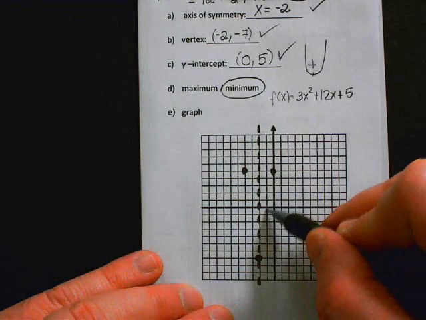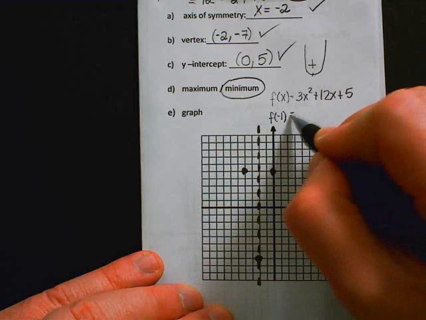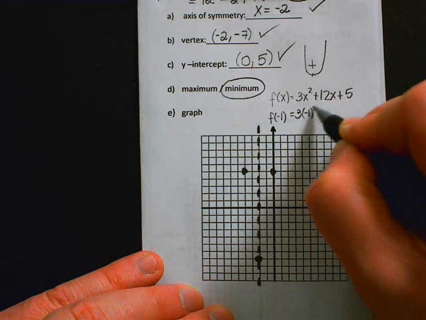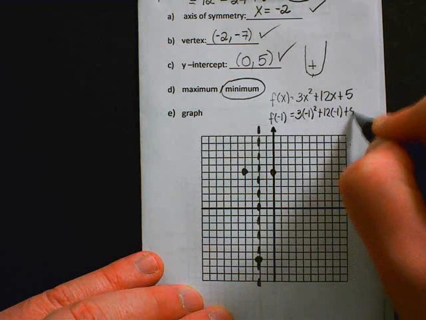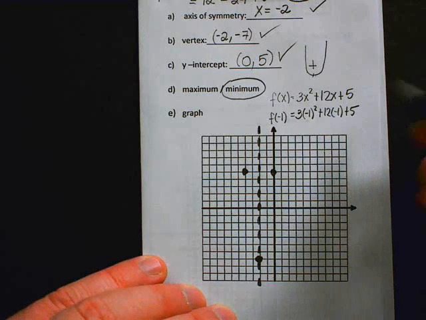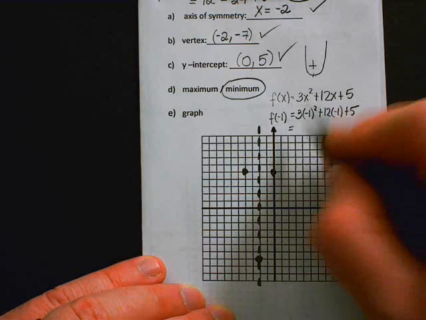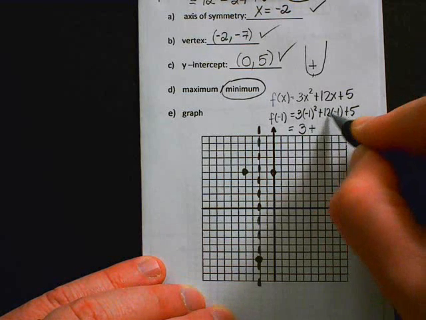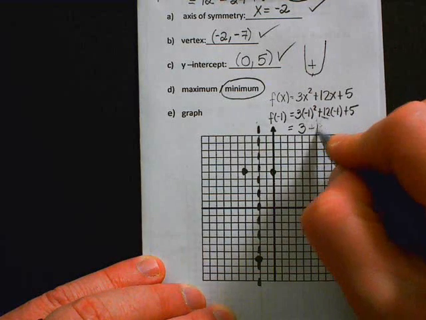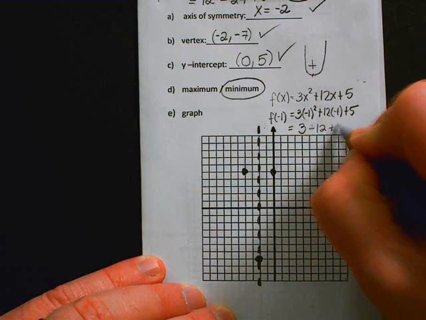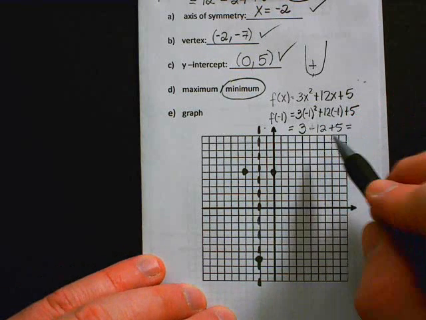So this would be 3 times -1 to the second power plus 12 times -1 plus 5. Now, -1 squared is 1. 1 times 3 is 3. 12 times -1 is not positive, but -12. And bring down the positive 5. 3 minus 12 is -9. -9 plus 5 is -4.